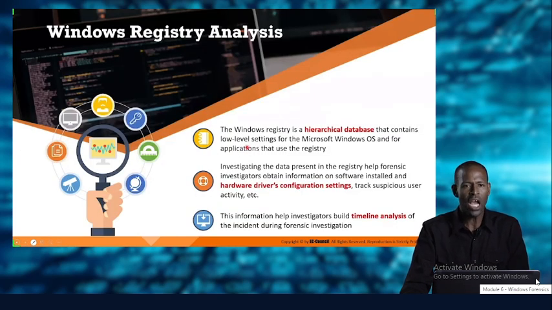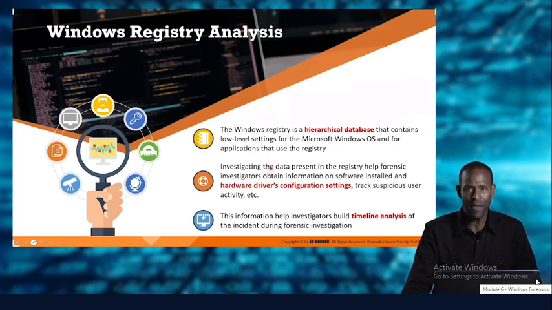All right, a construct that you will find uniquely in Windows, and not in, for instance, OS X or Linux, is the Windows registry. We need to analyze it as part of our forensics process. It's a hierarchical database that has low-level settings for Windows OSs, and virtually every application that you're going to use uses the registry.